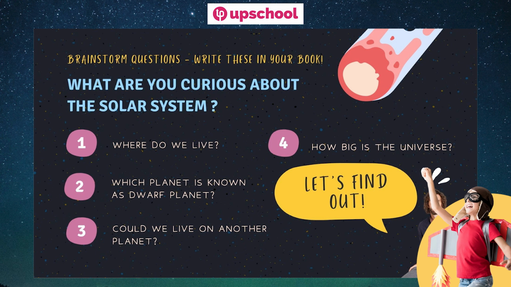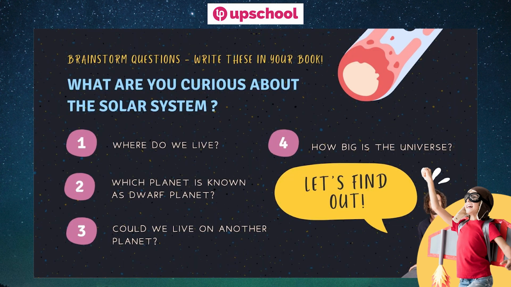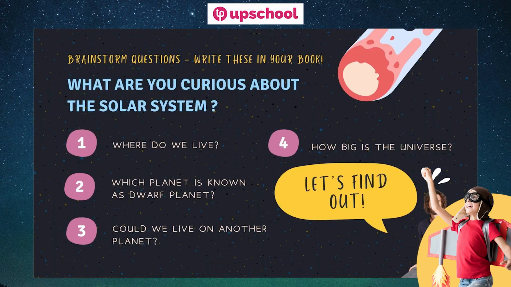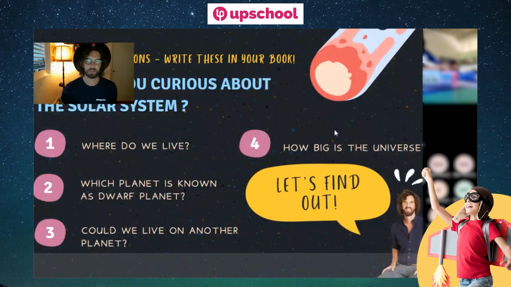Is that a thing? Can we actually do that? And question 4, how big is the universe? Now remember, the universe is vast. Today we're talking about how big is it? So, 4 questions. Are we ready to start, everybody? We're ready to start learning. Let's get busy now.